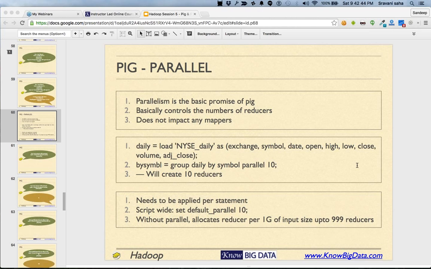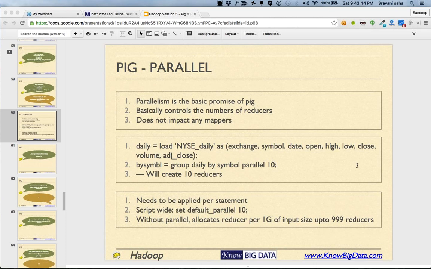Second, you need to observe, or use your gut feeling, that my data is going to be quite huge, therefore let me use this many reducers.